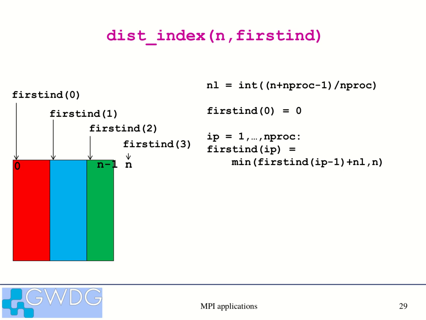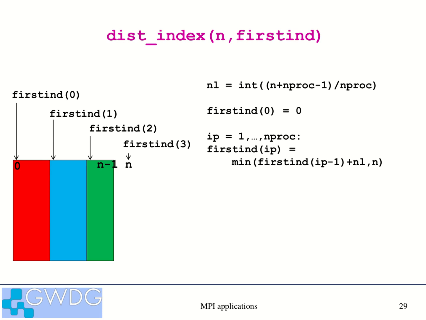And we do this just by saying the local number of columns nl will be the integer part of (n plus n proc minus 1) over n proc. So the first index on process 0 will be 0, and then the next will always be incremented by the number nl.